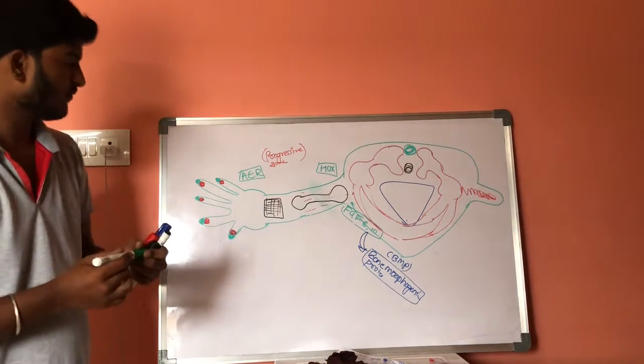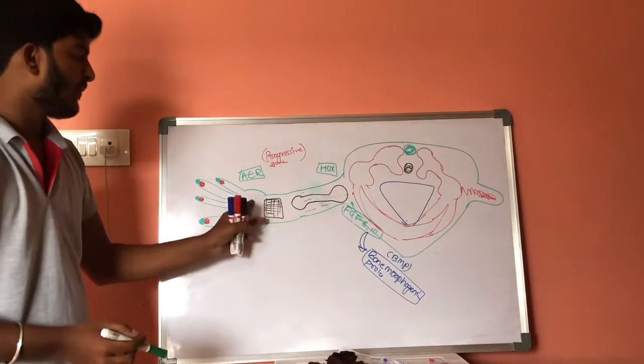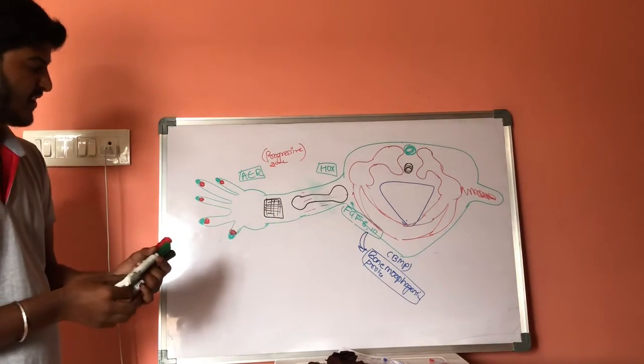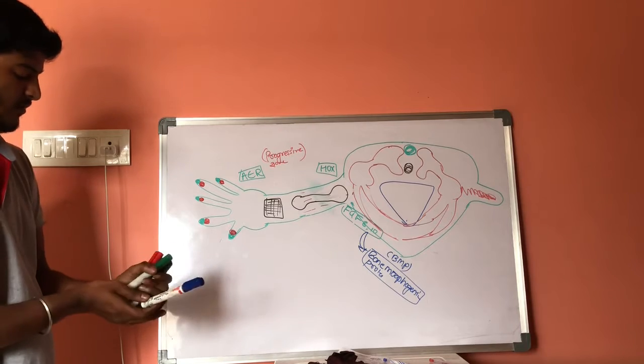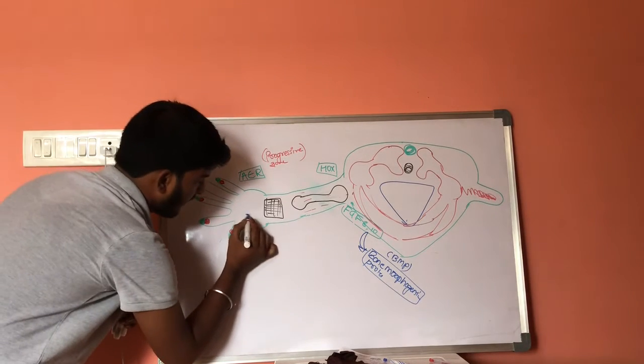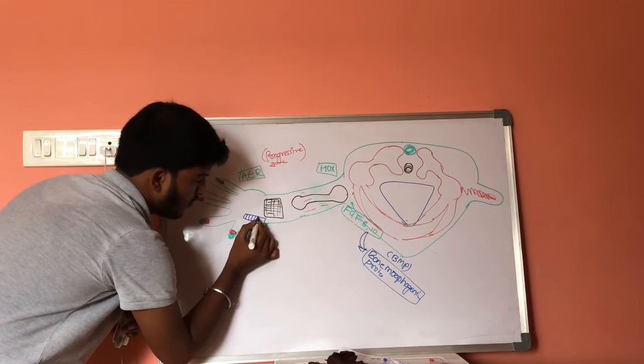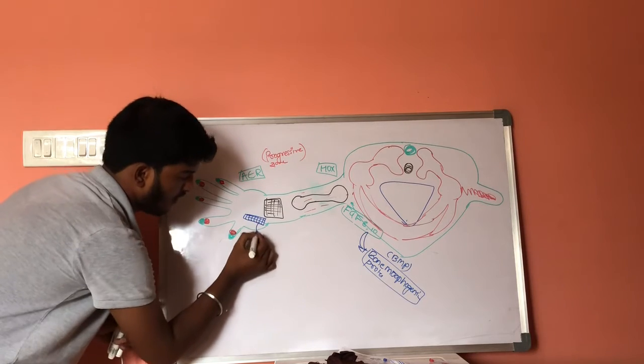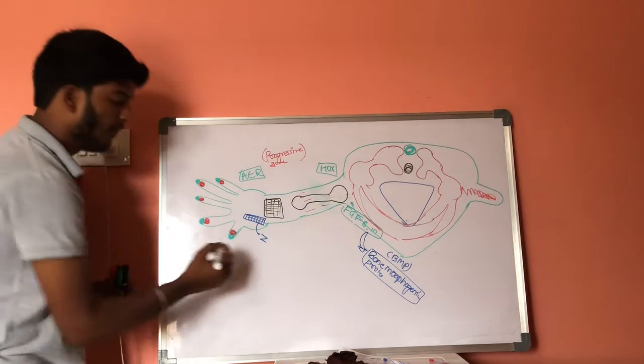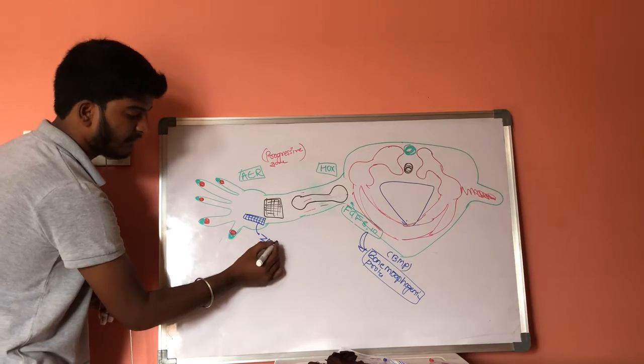Now here there is one more special structure that is called the zone of proliferative area.